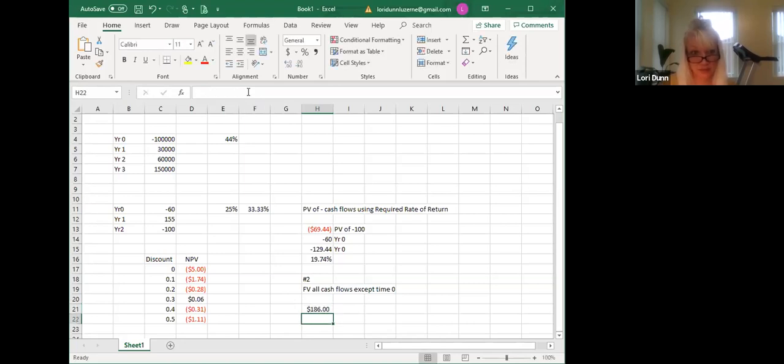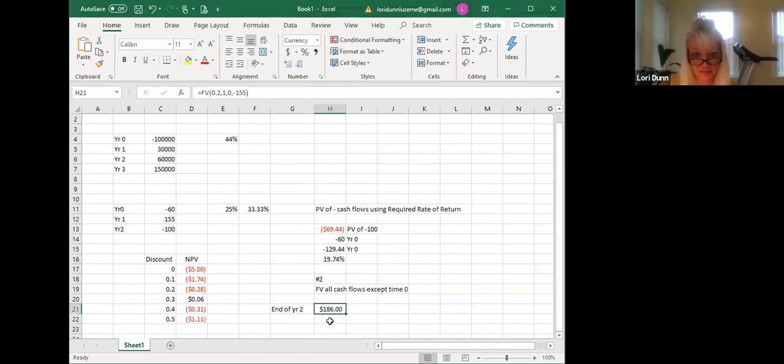So I'm just going to put it in as negative. At the end of year 2, the value will be 186 minus the 100. So now find the difference. Overall, it will be a positive $86.